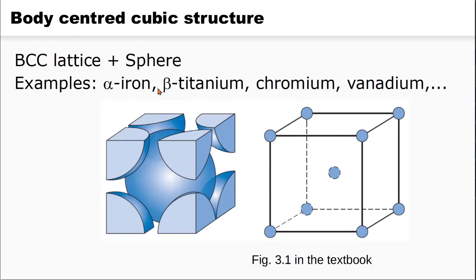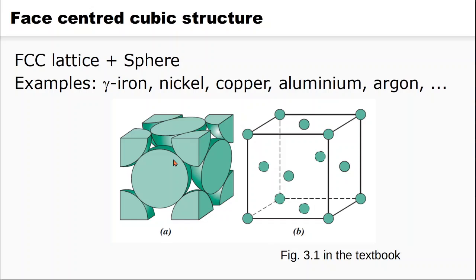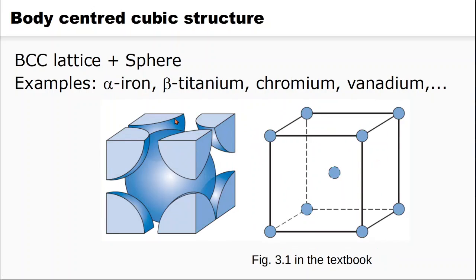Among the elements, only alpha polonium has this crystal structure. In a similar way, you get a BCC crystal by placing a spherical atom at each site in a BCC lattice. Quite a few metals crystallize in this structure. I've given some examples here: alpha iron, beta titanium, chromium, vanadium, niobium, molybdenum, and so on.